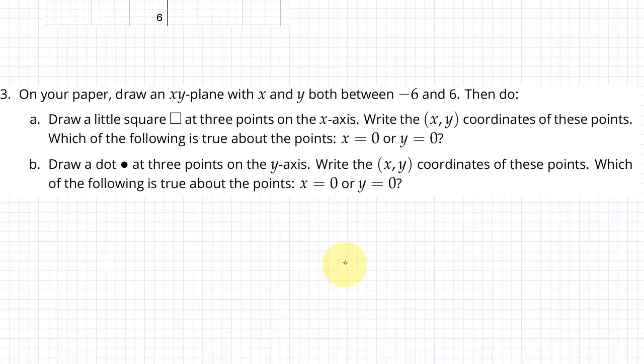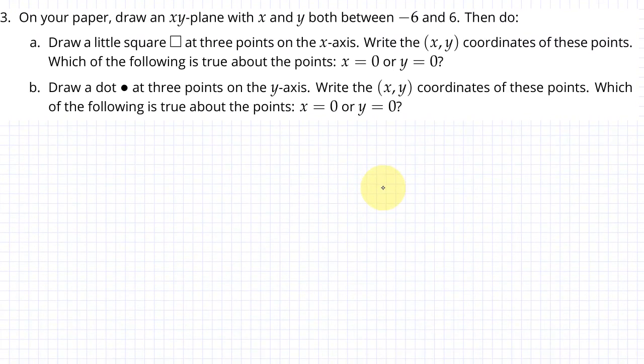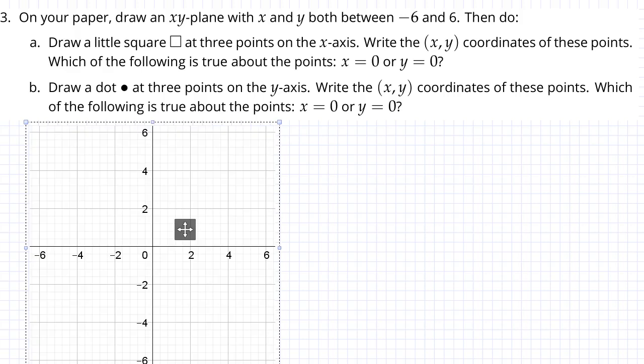Now, let's do the same thing for 3. We're going to need to draw another graph here. There's the graph. Let's draw a little square at 3 points on the x-axis. Okay, let's see. We've got that is one, that is one.